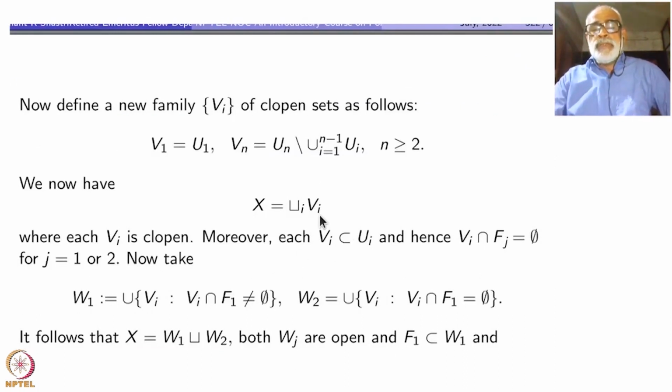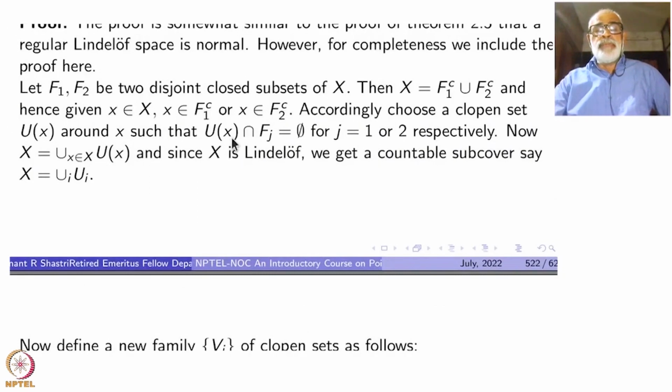Moreover, each Vi, remember what the definition is: Un minus something. So Vi is contained inside Ui, and hence Vi intersection Fj will be empty, because Ui intersection Fj is empty for j equal to 1 or 2 accordingly. You don't know where they are coming from. There are two classes of them, right? Depending upon whether Ui corresponds to one of the U_x where x is inside F1 complement or inside F2 complement.